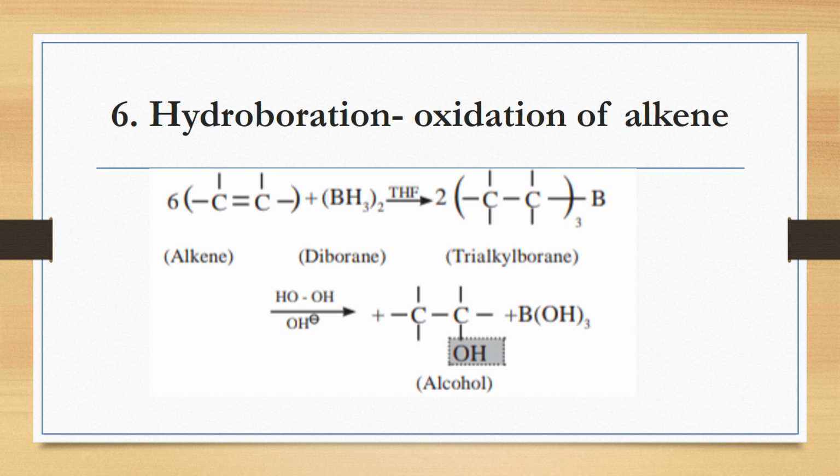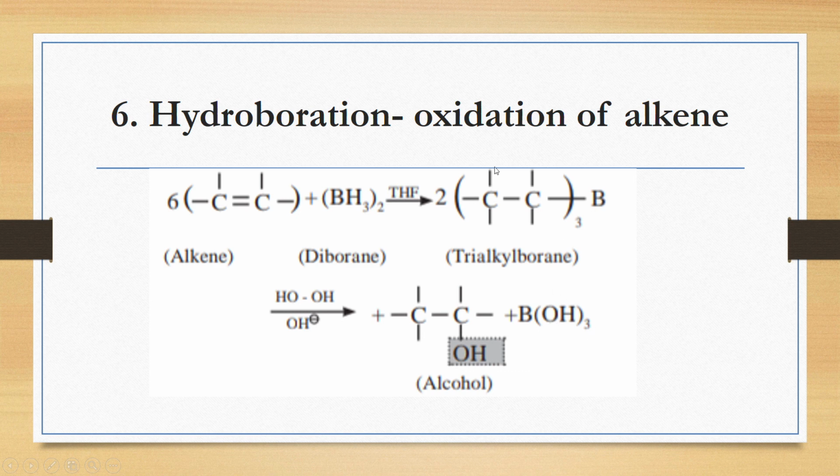How the reaction is taking place, we'll see through this general reaction. 6 molecules of alkene are taking part in the reaction with diborane, BH3 twice, in presence of tetrahydrofuran as the solvent, and will get trialkyl borane molecule, which is further treated with hydrogen peroxide H2O2, and will get primary alcohol molecule, 3 molecules of primary alcohol, and boron will take up 3 OH groups.